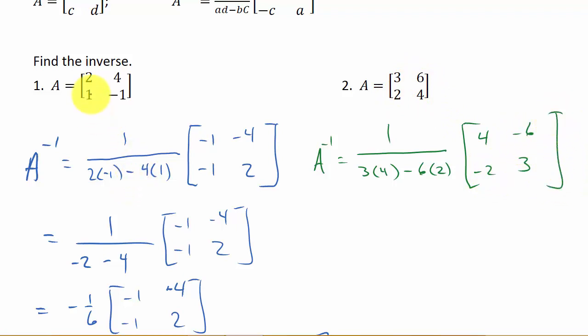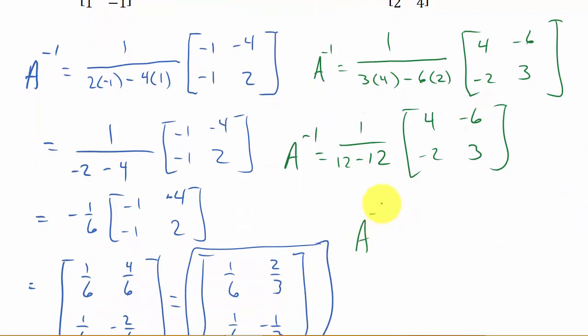The ones that we changed the sign on are both positive and they both change to a negative. If that was a negative 4, it would change to a positive 4. You just change the sign. And so A inverse is 1 over 12 minus 12, 4, negative 6, negative 2, 3.